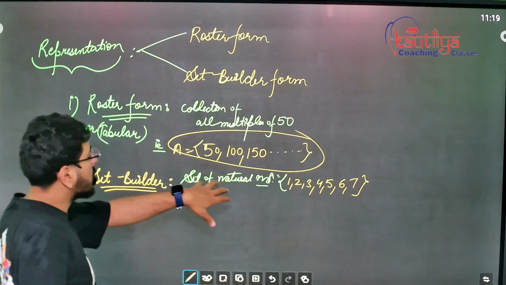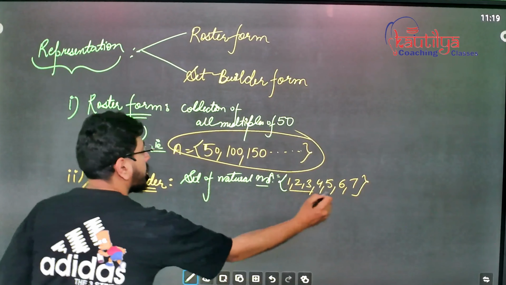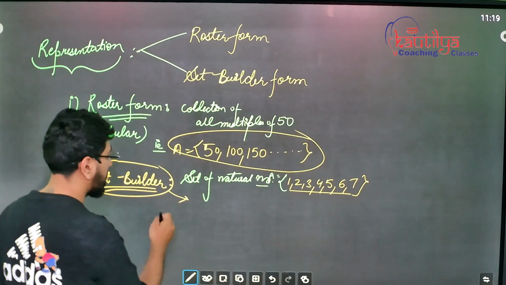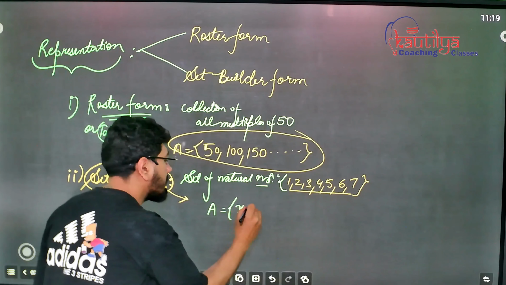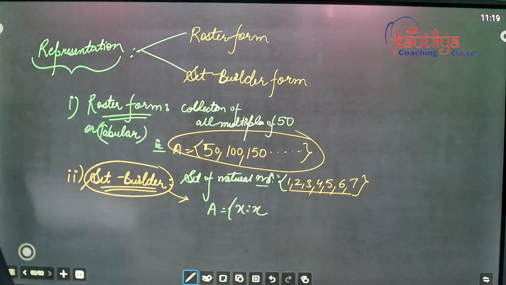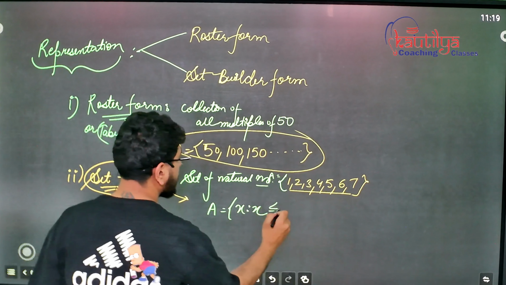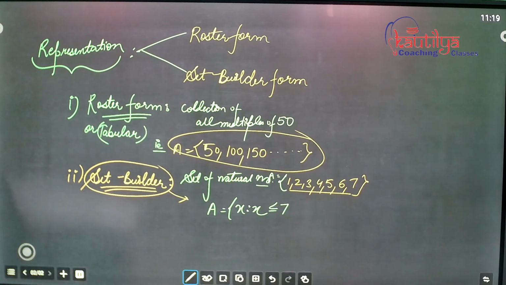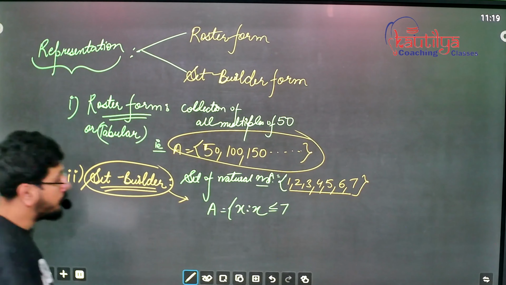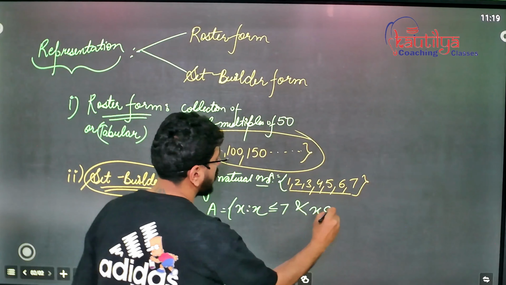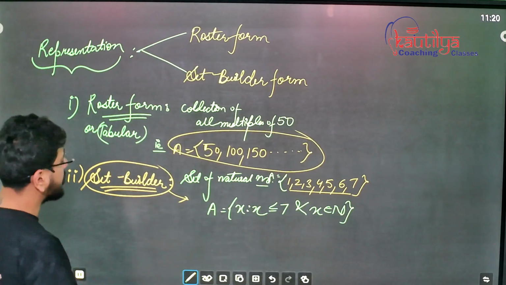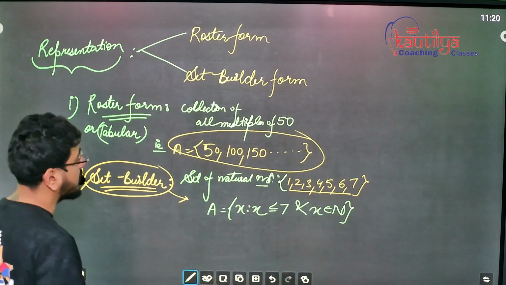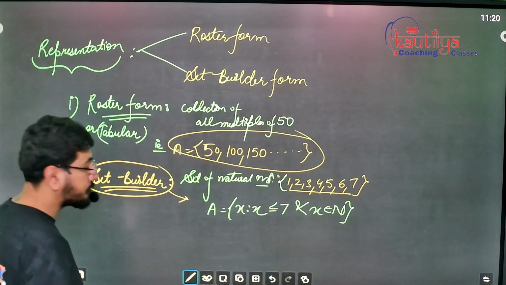So how are we going to write this in set builder form? A is equal to x such that x is less than or equal to 7, and x belongs to N, where N is the natural numbers. This is the right way to write the terms in set builder form.